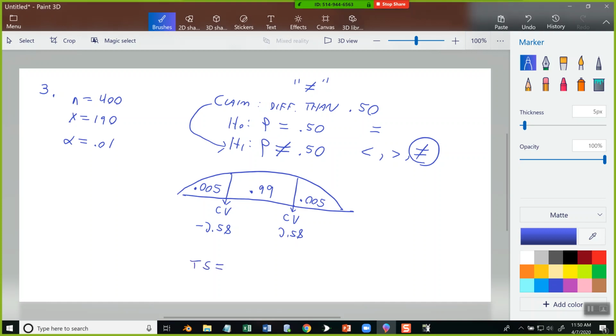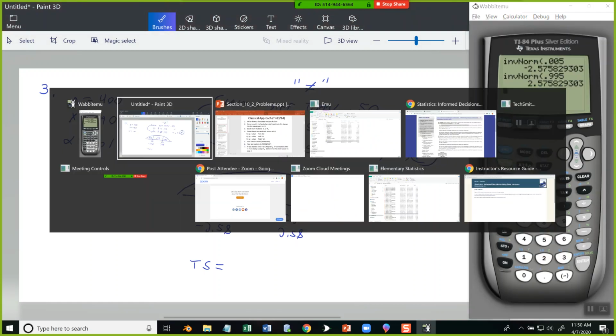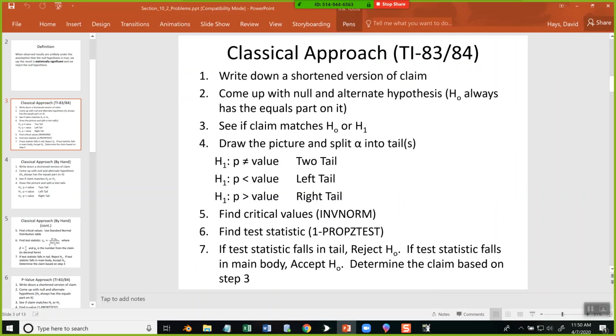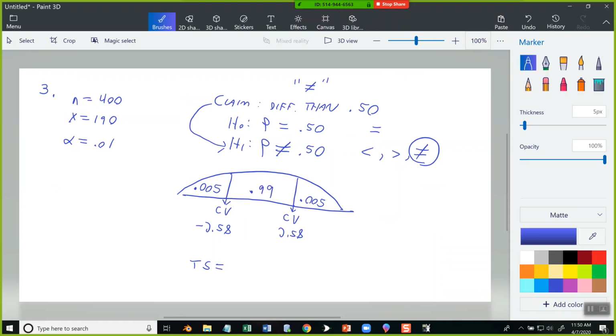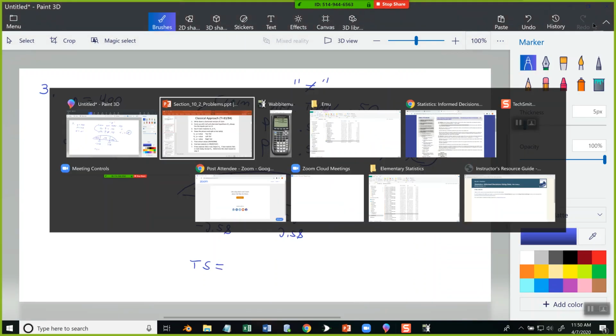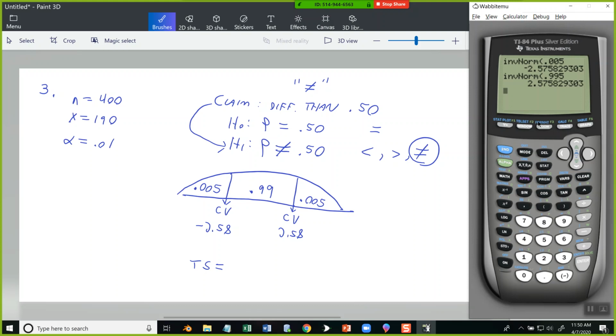Now we need to find a test statistic. For the test statistic, it tells us to use one prop z-test. So go to stat, test, one prop z-test is number 5. The number off of your claim, H0 or H1, 0.5 or 0.50, it gets rid of the 0 if you put it in. X is 190.